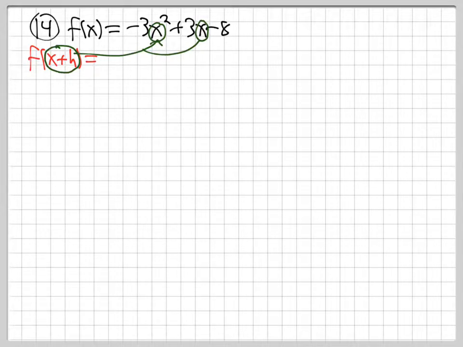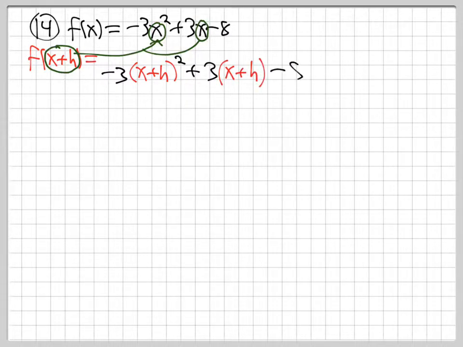Yeah, so it becomes minus 3, and then we plug in the x plus h squared plus 3, and we plug in the x plus h, and then the minus 8. Good, so we just stuff in whatever's in the parentheses, we just put that in the toaster, right, which is the x slot. And then we have to work all that out.